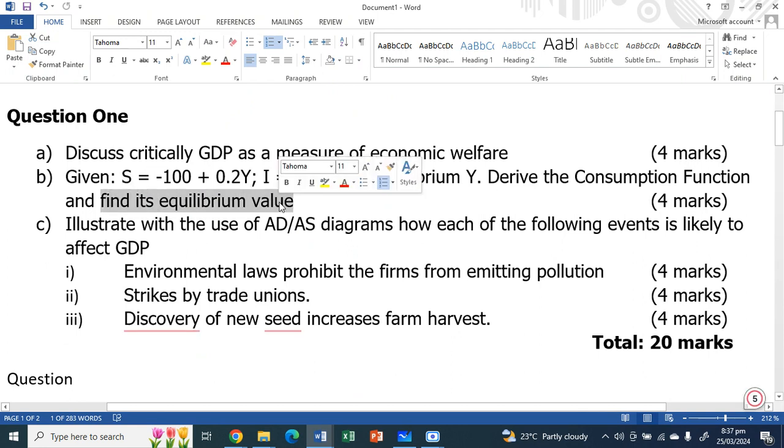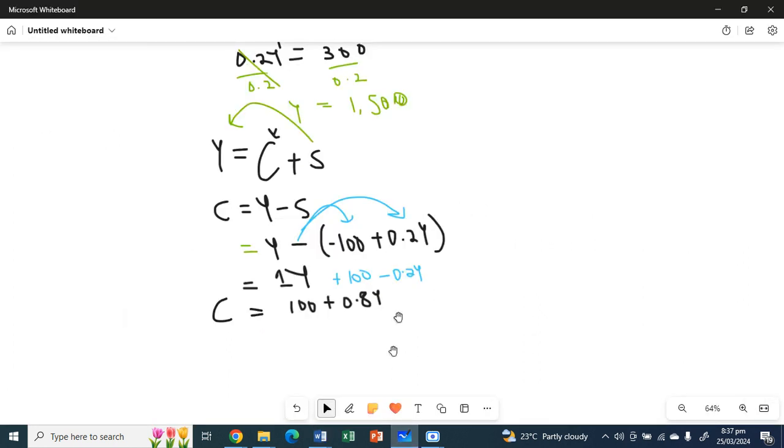And the next part is to find the equilibrium value of the consumption function. We already found national income at equilibrium, that was 1,500.